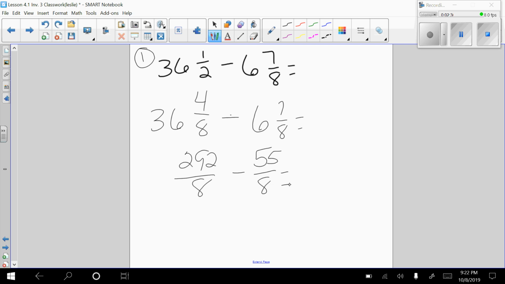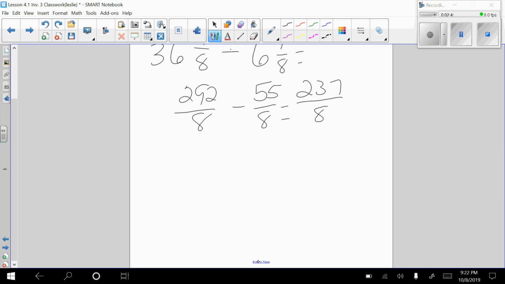When I subtract 292 minus 55, I get 237. Denominator stays the same. Now I have to determine how many groups I can take out. Well, that is a large number, so maybe I need to set up my division problem. Remember, it's top divided by bottom to see how many whole groups I'm going to have. Well, 8 goes into 23 twice.